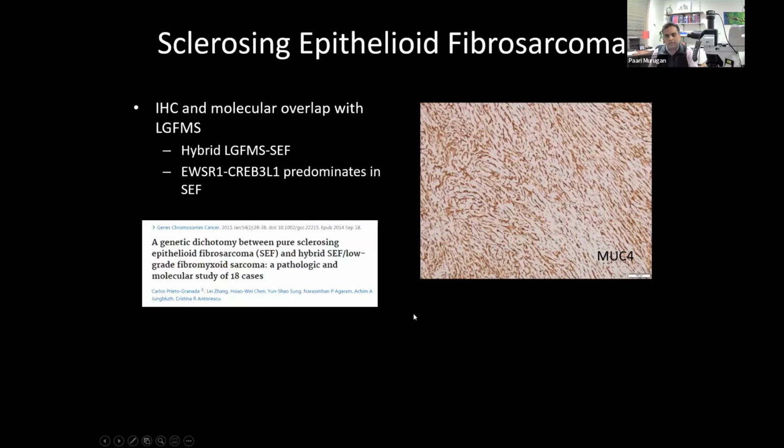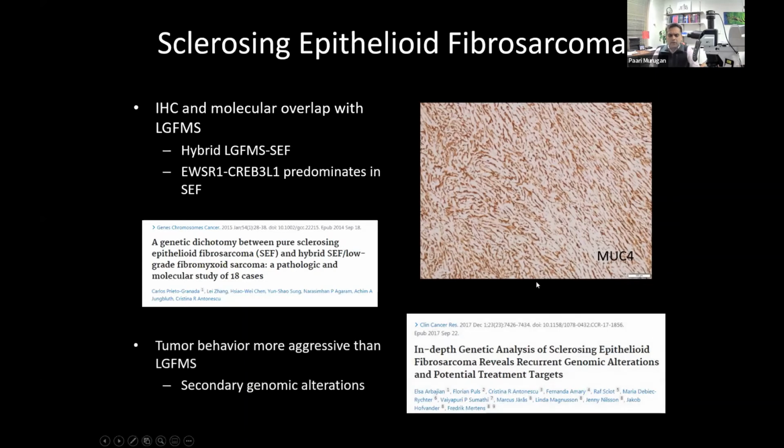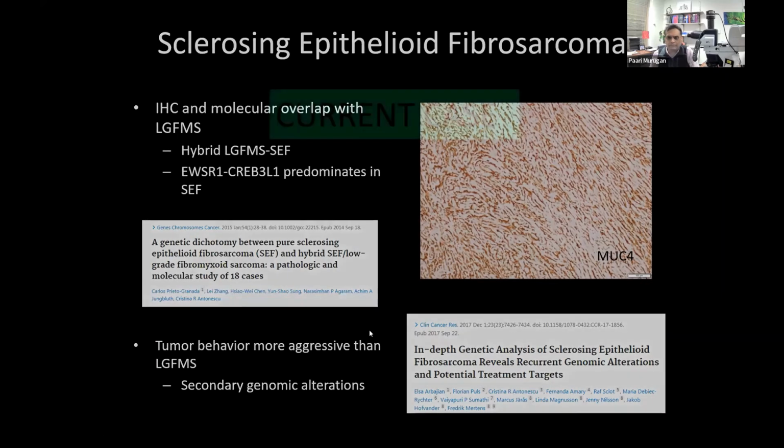So that's something interesting to note. And then we also know that despite the similarities, SEF often tend to behave in a more aggressive fashion compared to LGFMS. That's because, as this paper showed, they often have secondary genomic alterations in addition to the basic fusion that we see in these tumors.